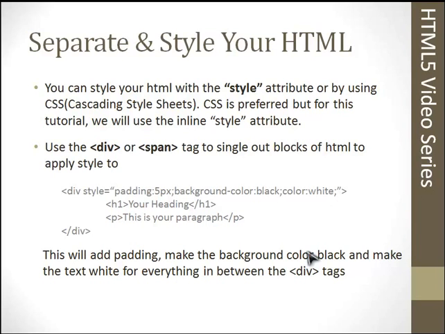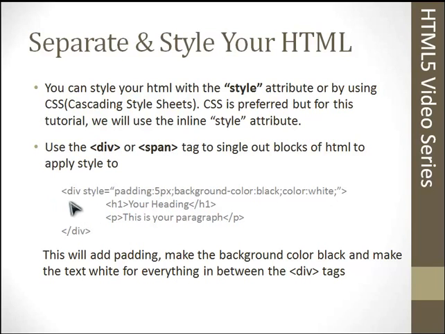And what we can use to separate certain blocks of HTML, we can use the div tag or the span tag. And the biggest difference between these is the div is a block level element and span is inline. And here we have an example.